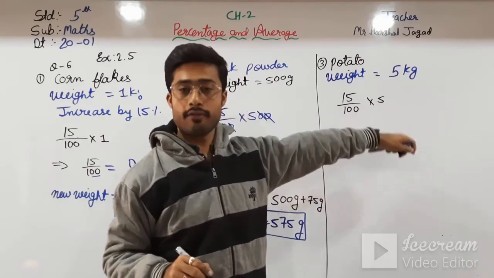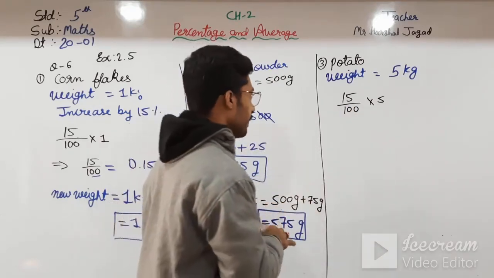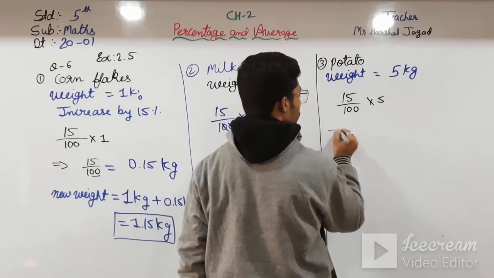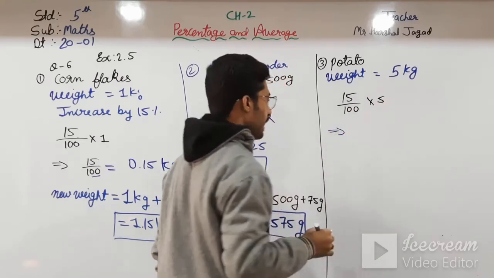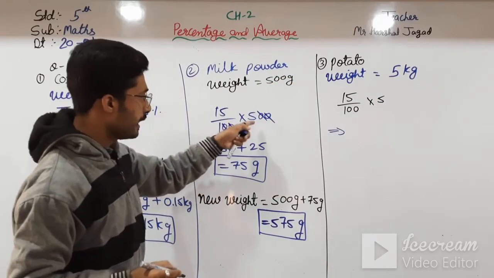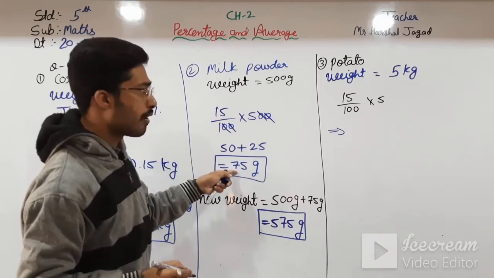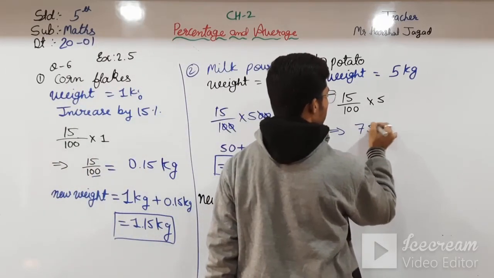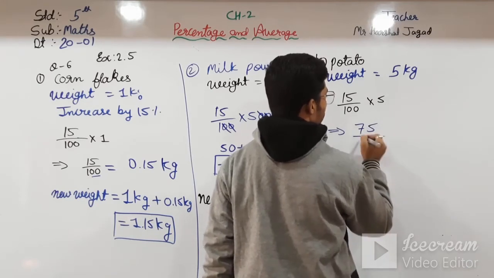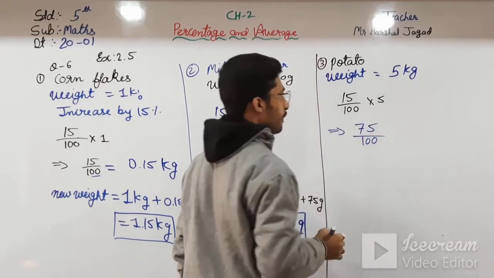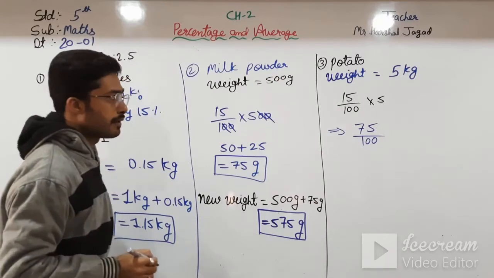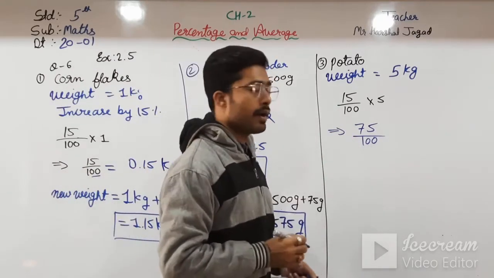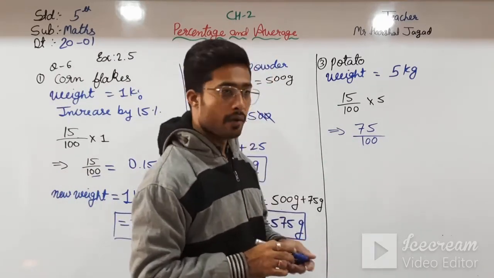Here it will be 15 into 5, that we have got 75. So here it will be 75 upon 100, we have got in the kilogram.